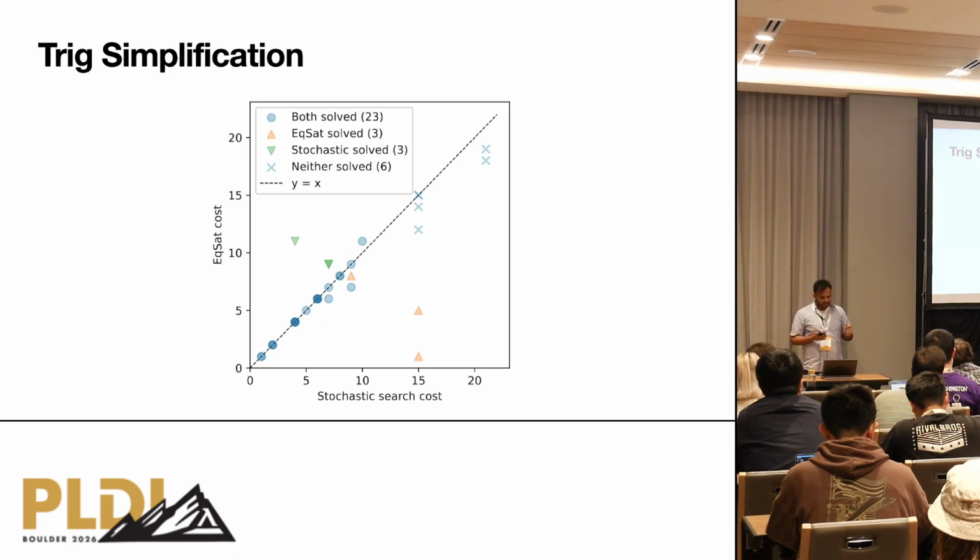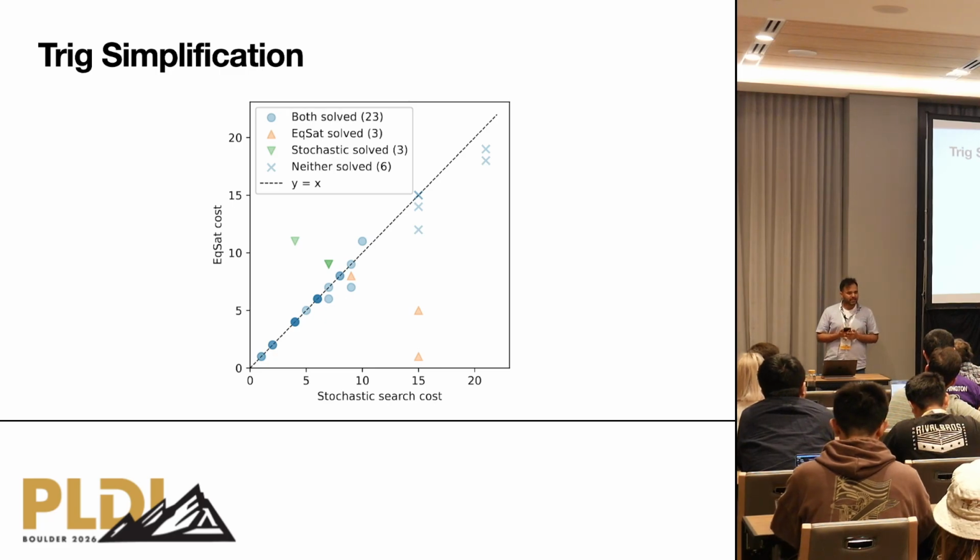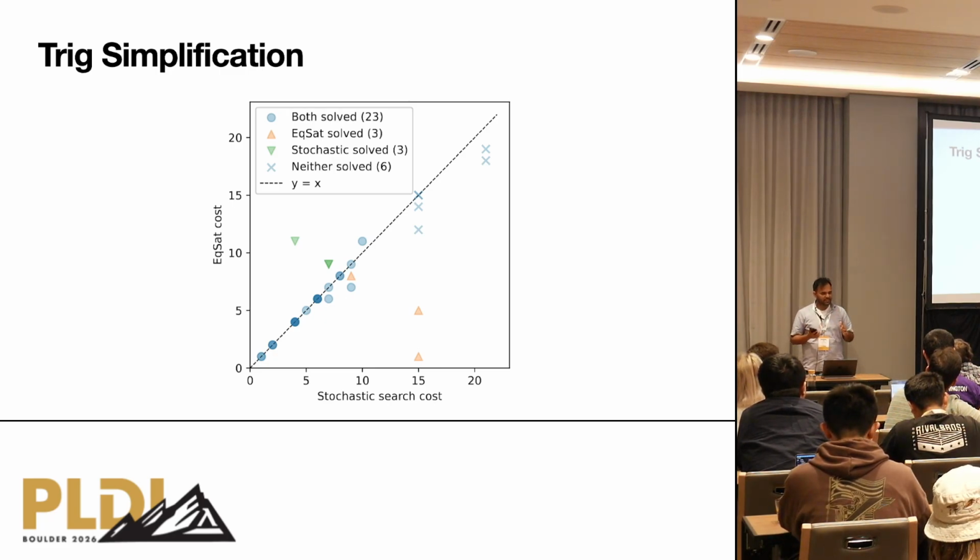Here are the results. So now I give stochastic search cost on the x-axis and EqSat cost on the y-axis. So points on the y=x line are problems on which both techniques found something of equal cost. Points below the line indicate problems where EqSat was better, and points above the line are problems on which stochastic was better. So overall, 23 out of 35 problems were solved by both techniques.